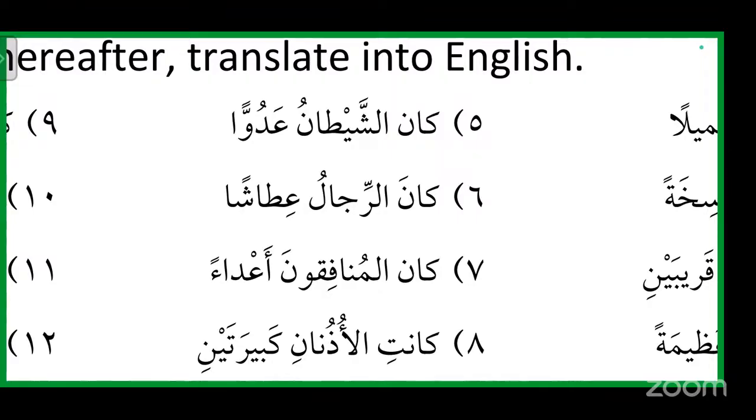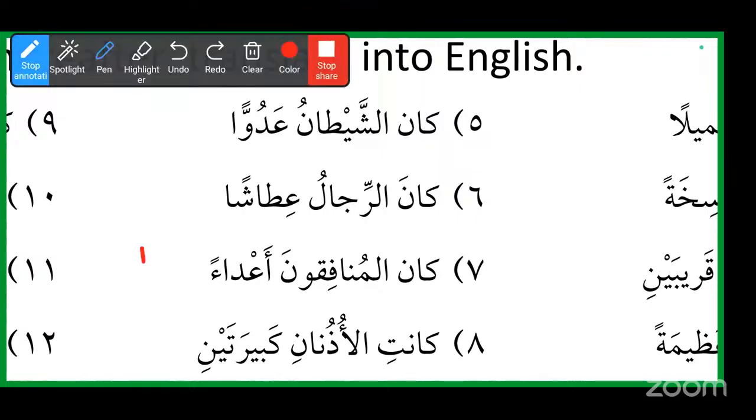Correct. كان المنافقون أعداء. كانوا أعداء. Correct. They were enemies. كانت الأسكان كبيرتين. No, it was كانتا, right? Okay. كانتا كبيرتين. For two, the feminine form is used, كانتا. كانتا كبيرتين. Okay.